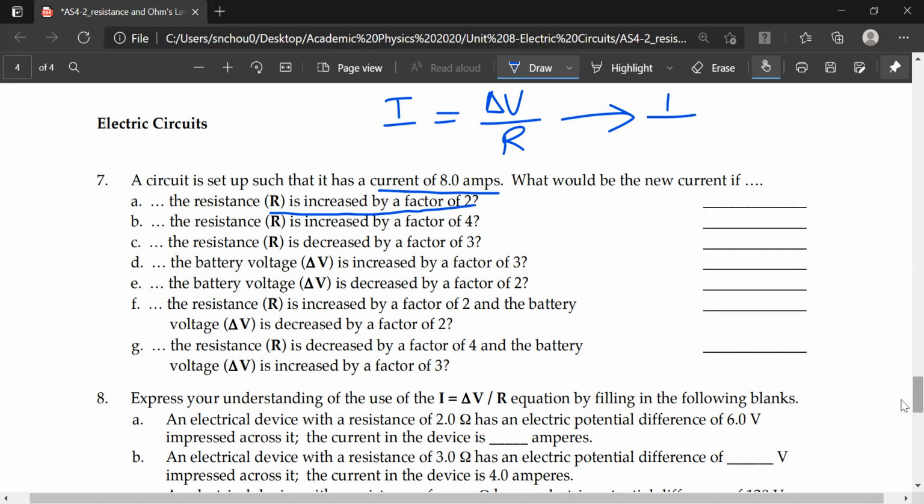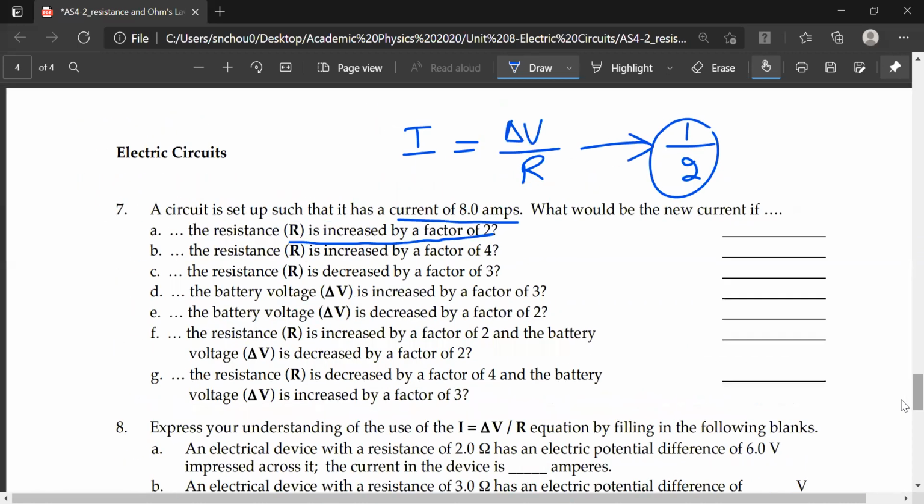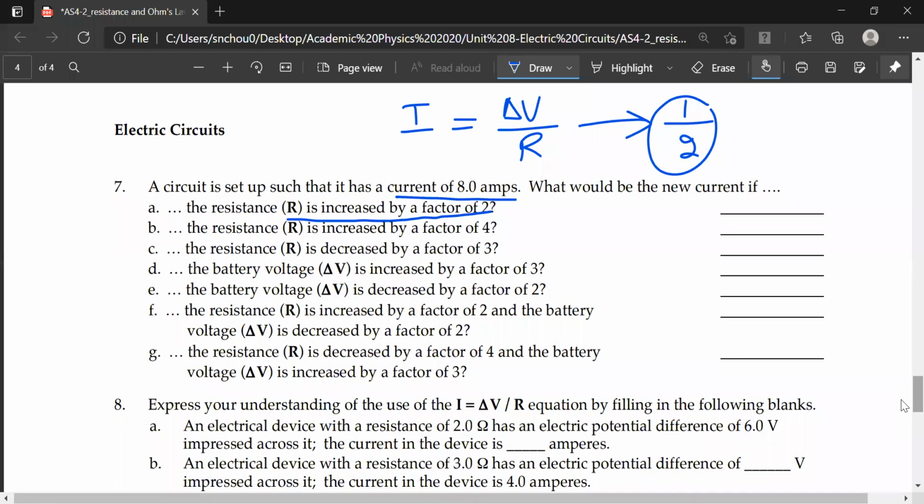Put that 2 where R appears, which is in the denominator. So this is the factor by which the current, this left side, the current will change. In other words, the current will be half times its original value. The original value of the current is 8 amps. So your answer will be half times 8, which is, the answer is 4 amps.